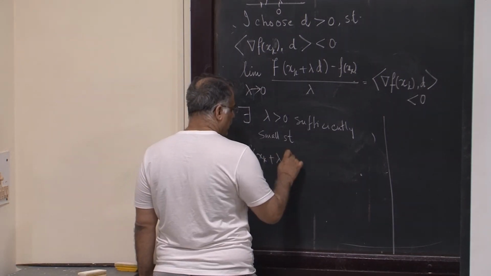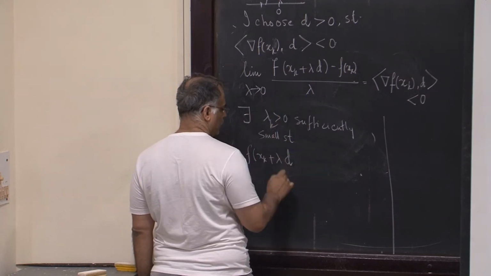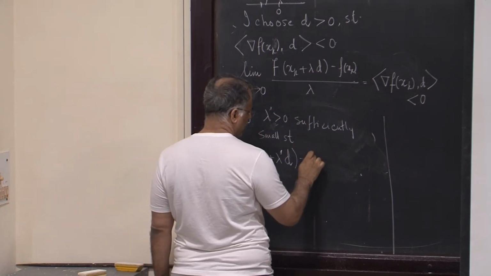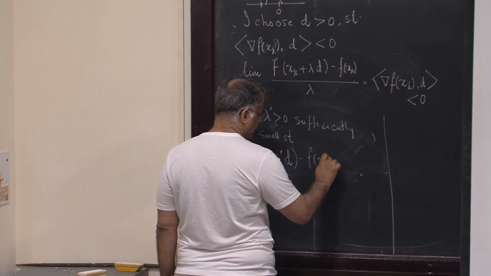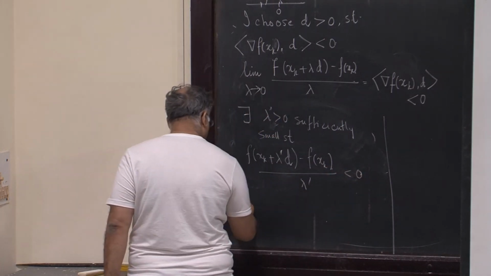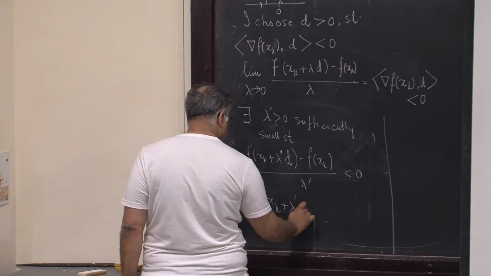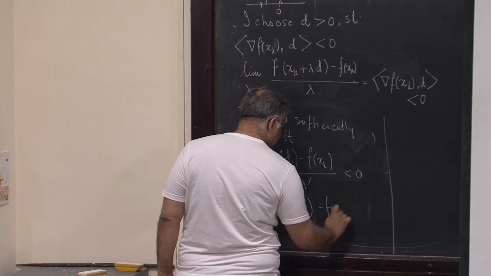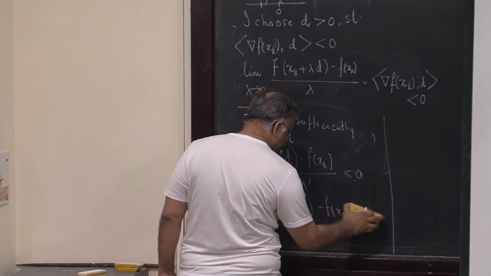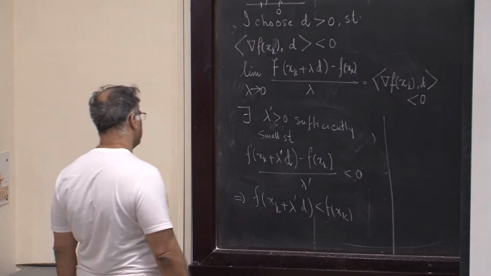So there would be a lambda, whatever you want to call it, lambda k if you want, or lambda dash. This would simply imply, and simply from here you can write that this is nothing but strictly less than 0.